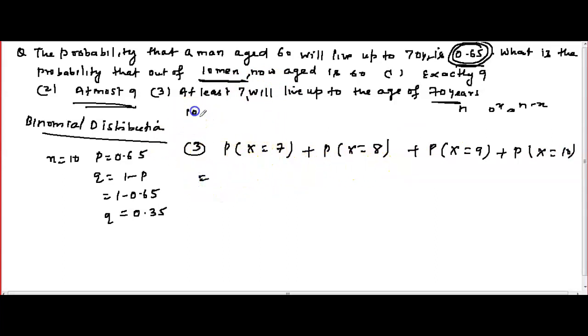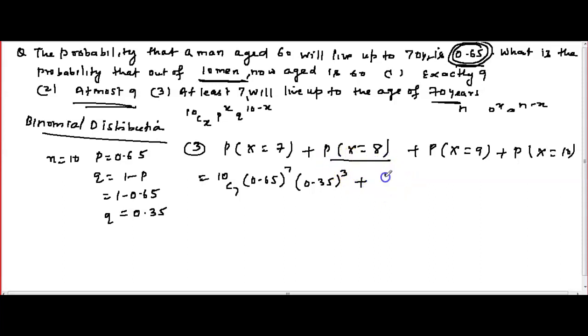Same formula, 10Cx p to the power of x and q to the power of 10 minus x. You substitute here, x value is 7. So 10C7, p which is 0.65 to the power of 7 and 0.35 to the power of 3.